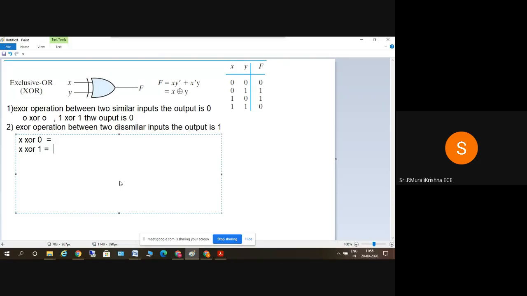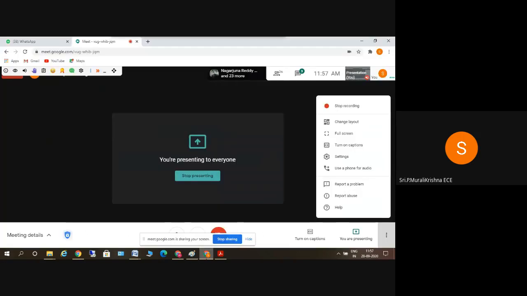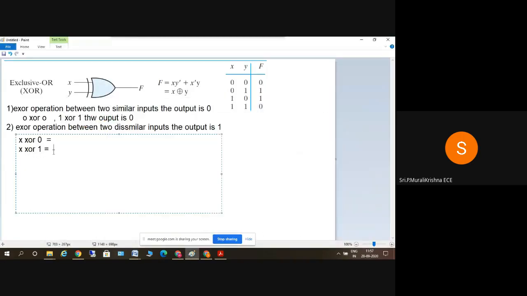What is the value of the output of this one, and what is the output of this one? Sir, the first one is 0, sir. So check the truth table again. First one is X. Very good.